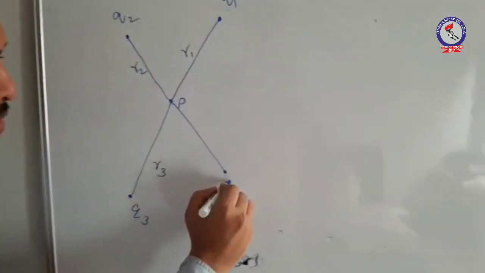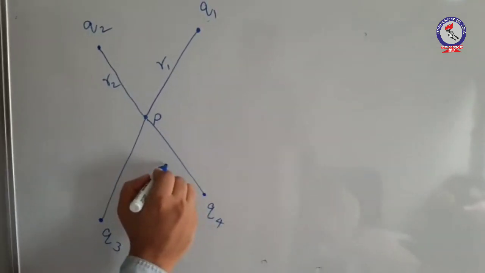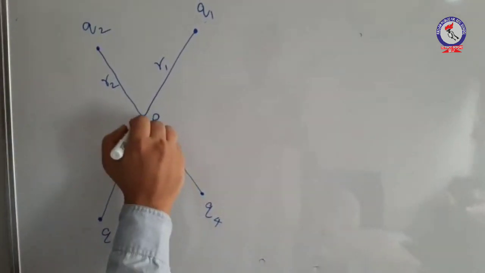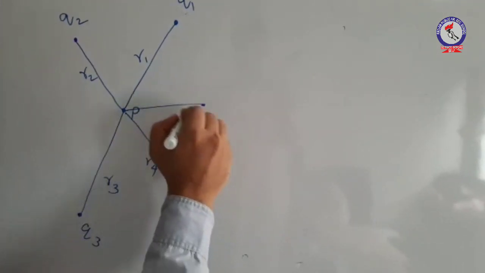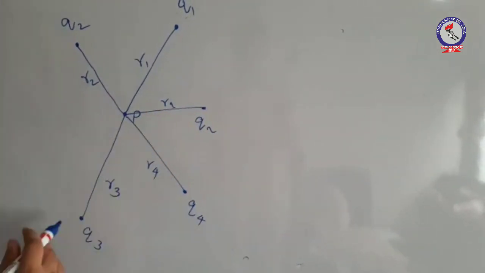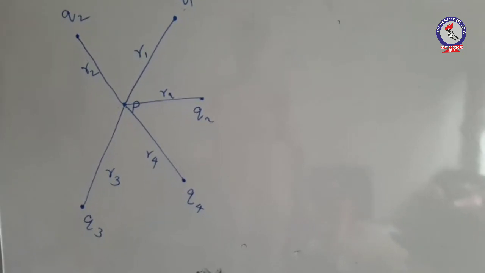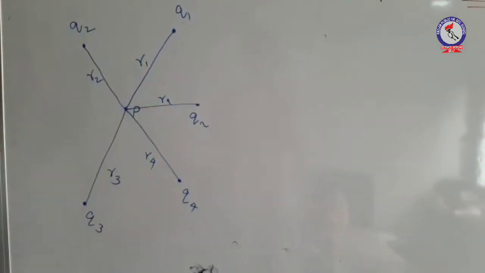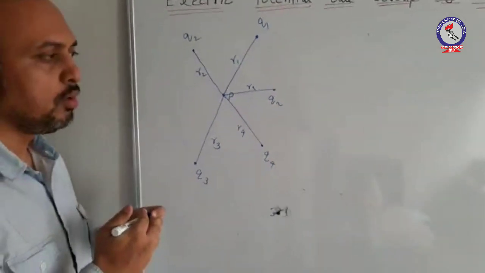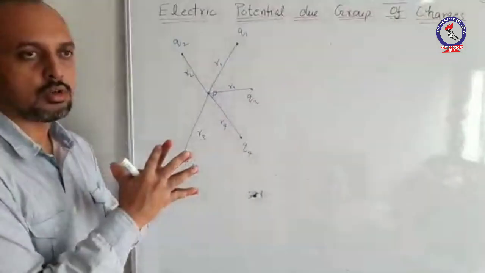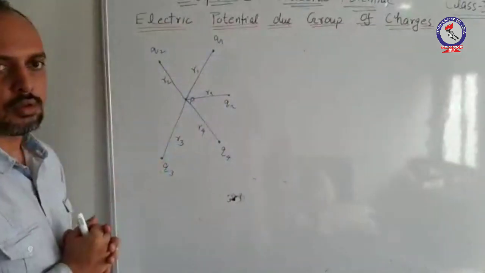You have Q4 which is at a distance R4. You have Qn which is at a distance Rn from point P. There may be a finite number of charges and you may consider n number of charges. We need to calculate a combined expression due to this system of charges.